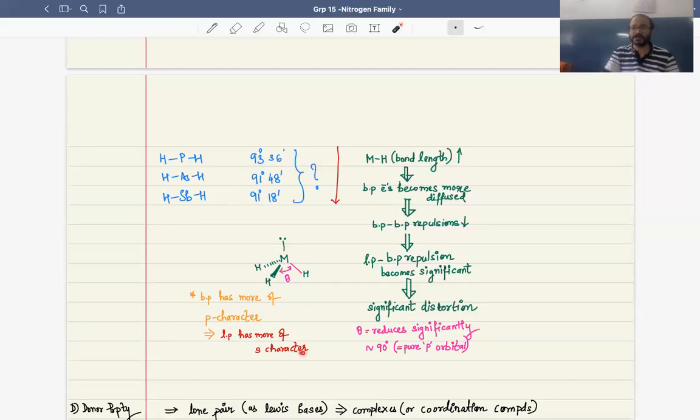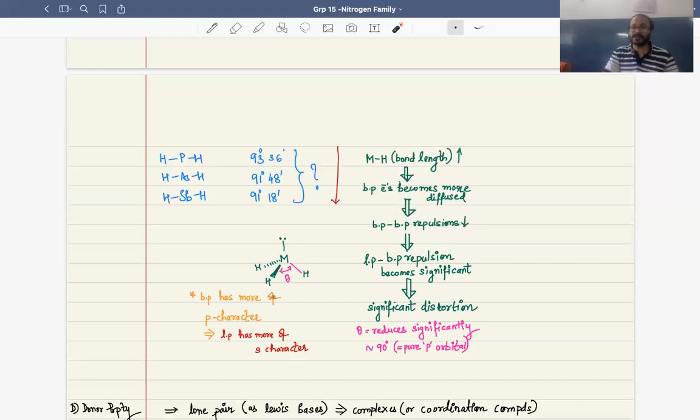So this is what is happening in the pyramidal shape of all the hydrides that are formed by the group 15 elements. There is a significant distortion in the structure because of the prominent lone pair bond pair repulsion, because the bond pair repulsion has significantly reduced on account of increased bond length and therefore the diffused bond pair of electrons.